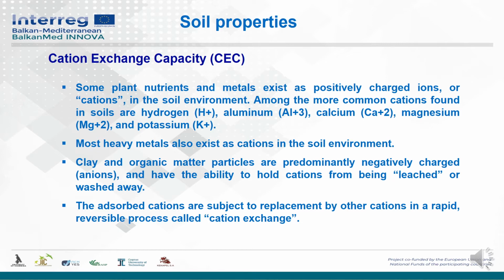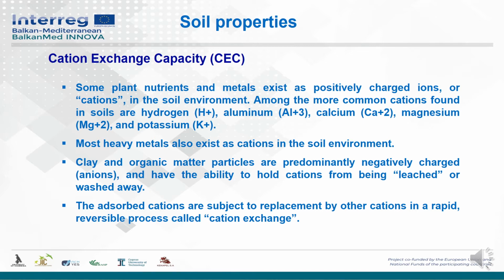On the other side, clay and organic matter particles are predominantly negatively charged. They are anions. And having negative charge, they have the ability to hold cations, and this helps to protect cations from being leached or washed away.